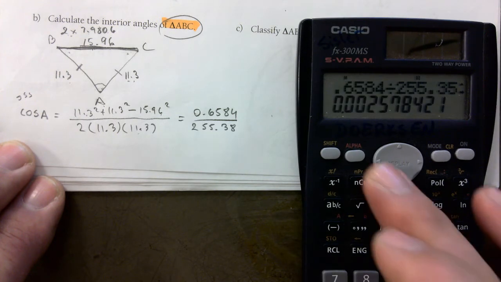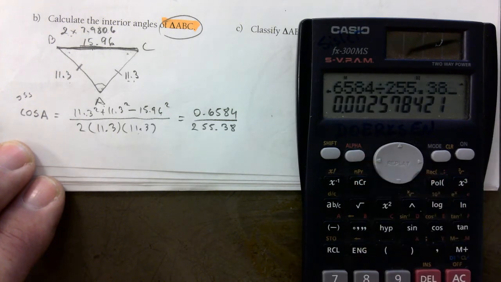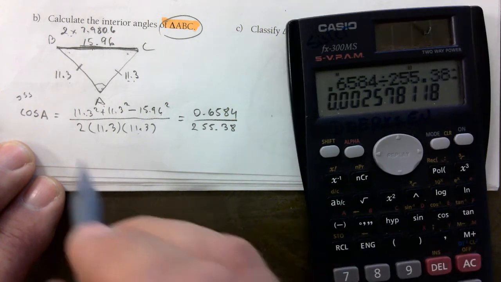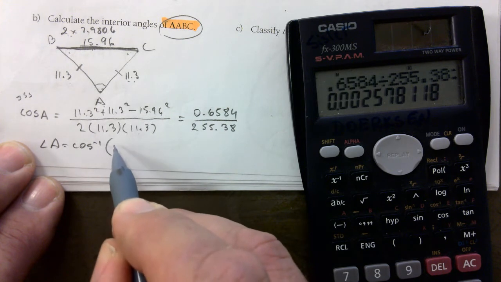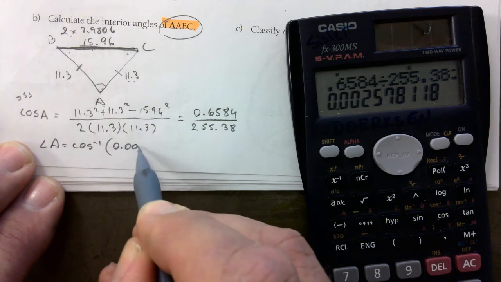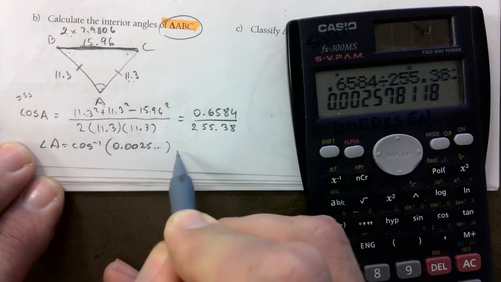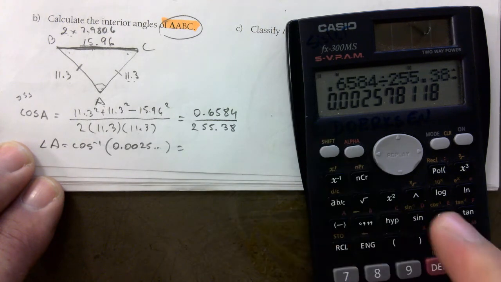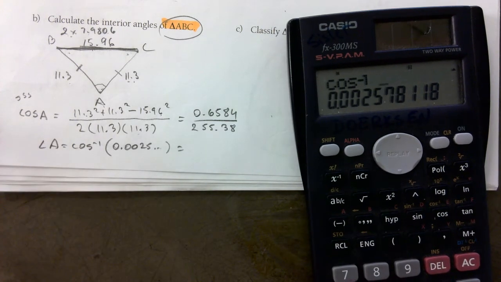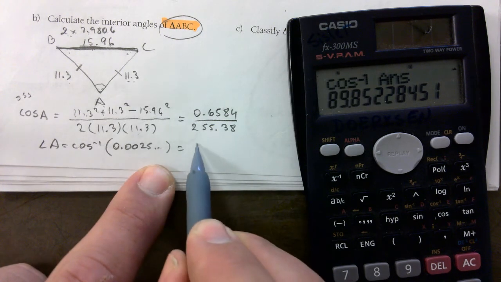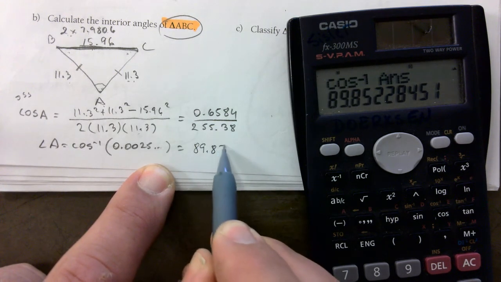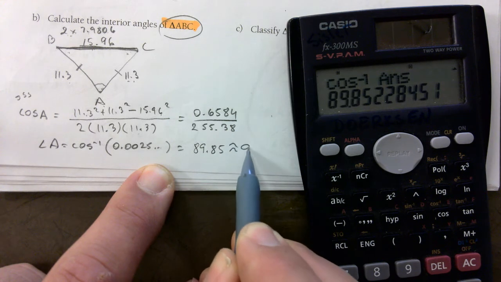Nope, I made a mistake. I went 35 instead of 38, so let's redo it. That's a really small number. And you will see what happens here. If I go shift cosine of that answer, you get really close to 90 degrees. Really, really close. So what I will do is I'll write down 89.85, which is roughly 90 degrees.